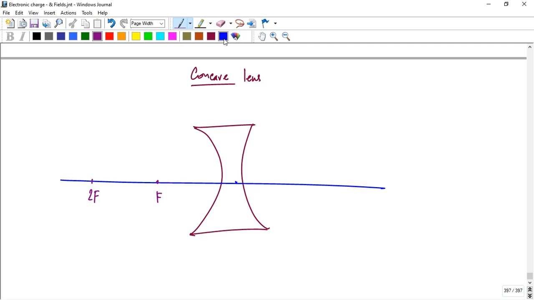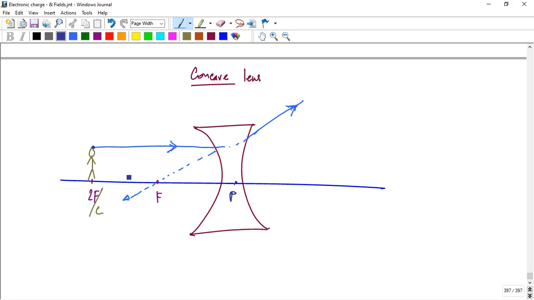If the object is standing on the center of curvature, point C, that's the incident ray. After striking, the emergent ray from the lens diverges, so we trace it back, passing through the focus. Now we need another ray.